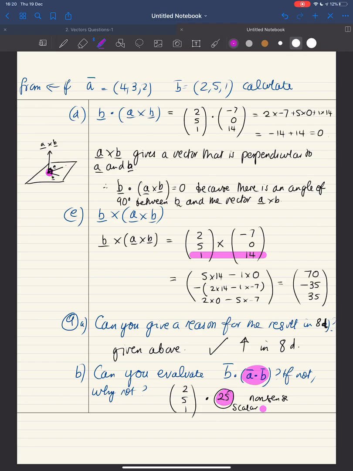A dot B is a scalar. And we cannot evaluate a vector, which in this case was B, dotted with a scalar. It has to be vector with vector, so that's what's gone wrong there.